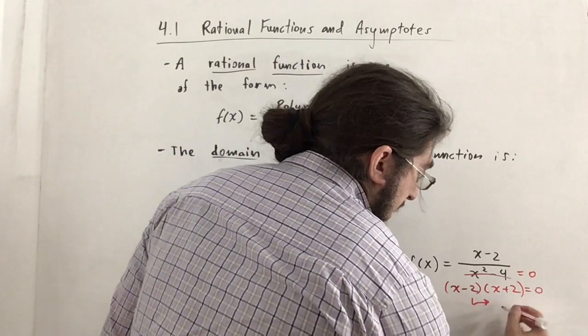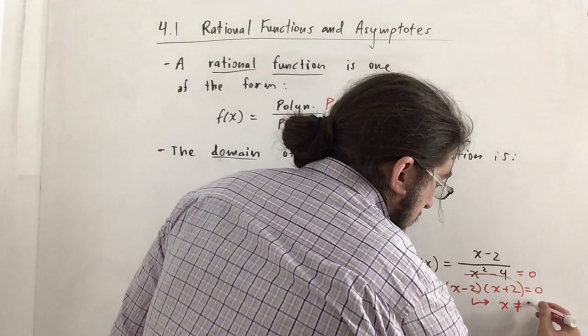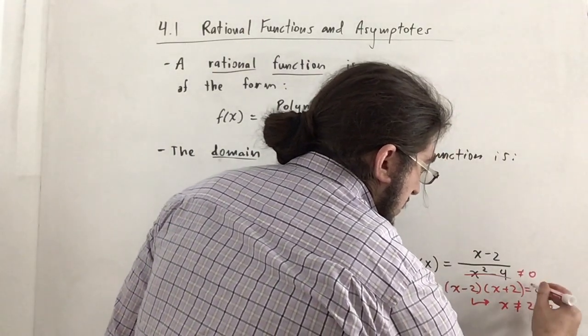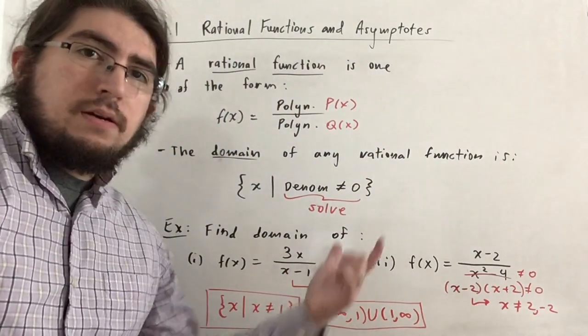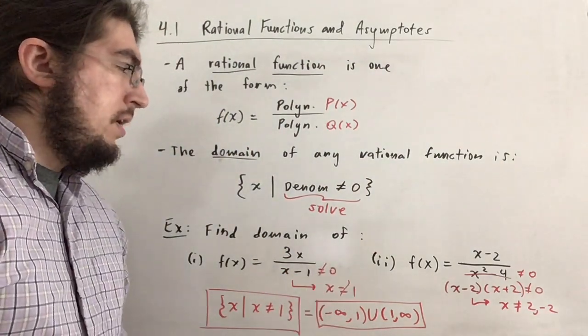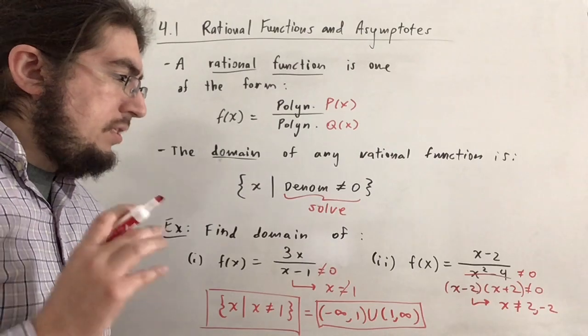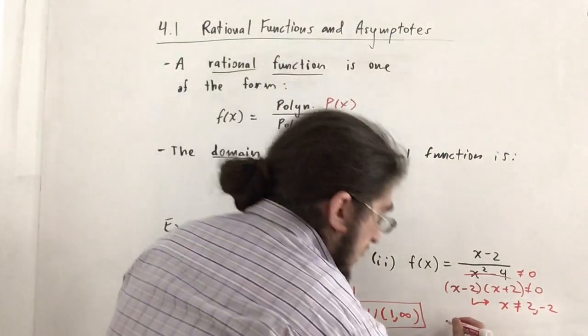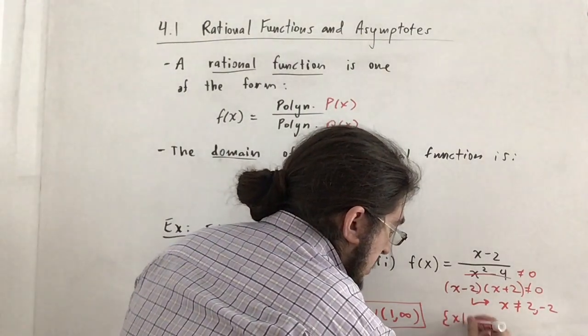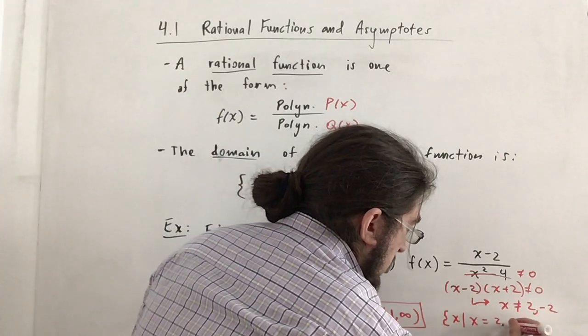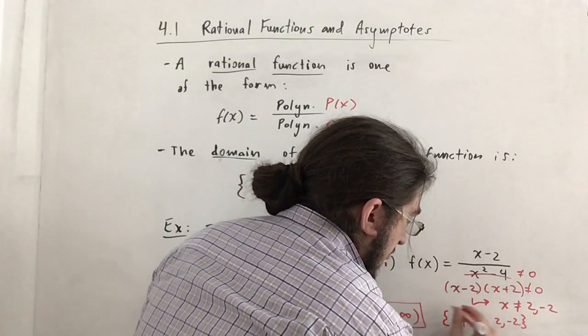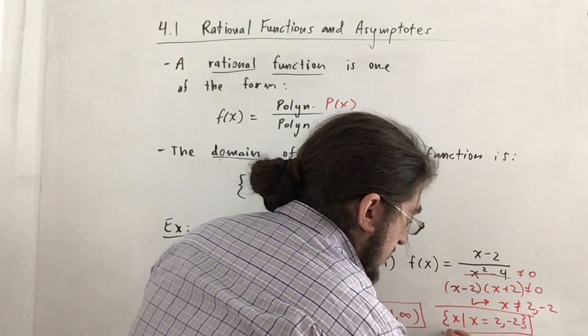So this would imply that x cannot be equal to 2 or negative 2, because these are really not-equal-to conditions. So our answer would just be the set of all x's such that x is not equal to 2 or negative 2. And I'll show you how to write that in interval notation.